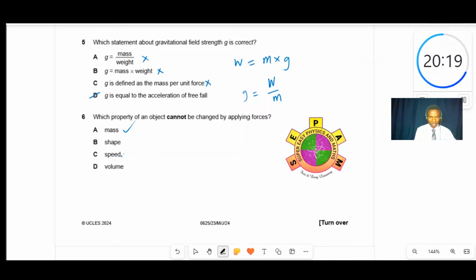Volume, if you apply force on an elastic material, it will deform. The volume can reduce, or you can enlarge it, the volume can increase. So this A is the correct answer. This can be altered by force, this can be altered by force, this can be altered by force.